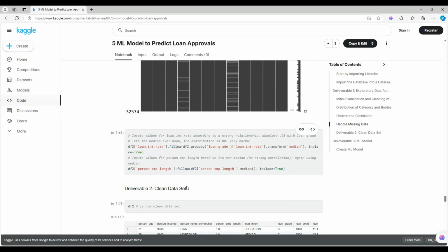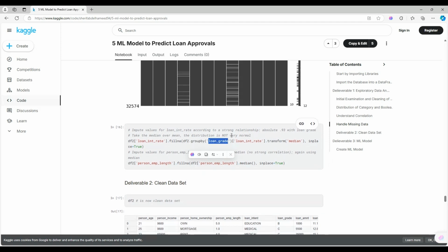The neat thing is we can fill in the missing values using fillna. So we tell it, we have this database, we have this column, and I'd like to fill the non-available values with, here, basically, we are telling it to group by the loan grade. So all the loans that have a loan grade of A, put them together.